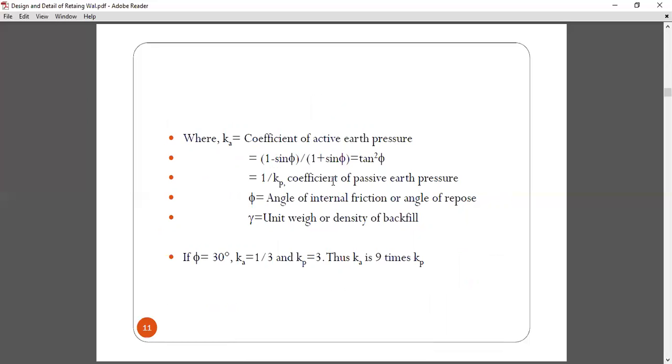Kp is equal to the coefficient of passive earth pressure. Phi is equal to the angle of internal friction or angle of repose. Gamma is equal to the unit weight or density of backfill or any material. Generally taken data is phi equal to 30 degrees, Ka equal to 1 by 3, Kp equal to 3, thus Kp is equal to 9 times Ka.